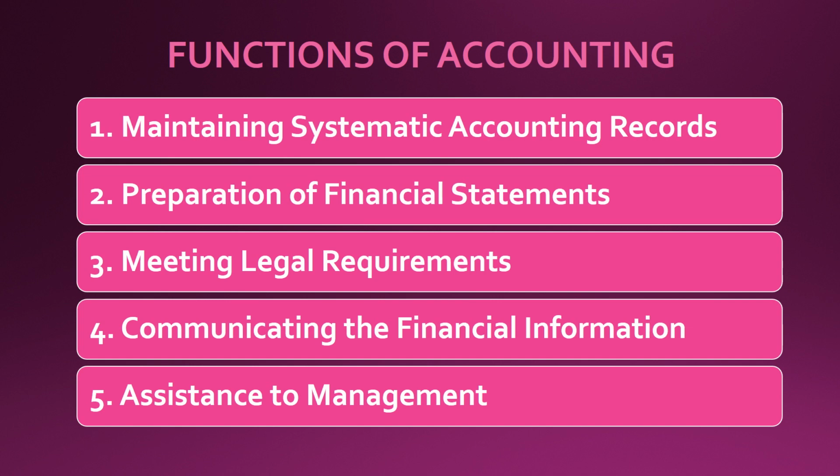Internal users are the owners, employees and the management, and the external users are government, financial institutions, banks, suppliers, creditors, researchers. These all are the users of the financial information. So accounting provides reliable and authentic financial information to these users.